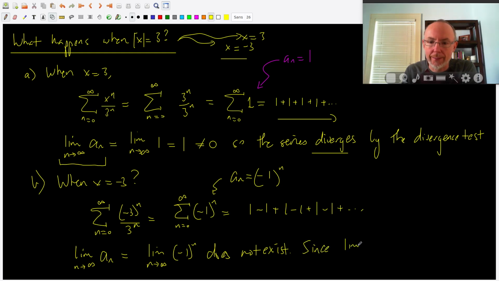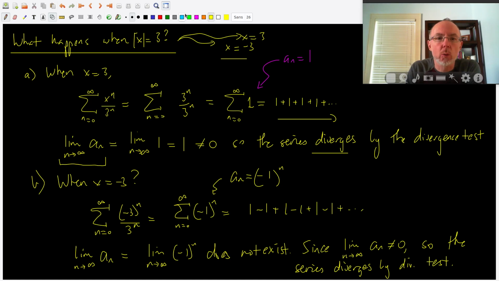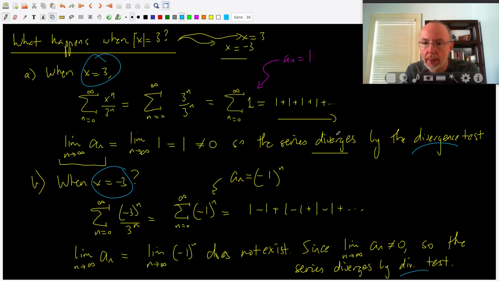Since that limit doesn't exist, it's certainly not equal to 0, and that means the series again diverges by the divergence test. So there we go. We found at x equals 3 and x equals minus 3, this series diverges in both cases, and we used the divergence test to show that.